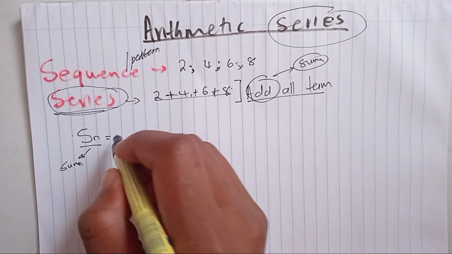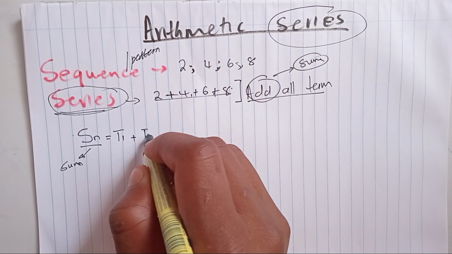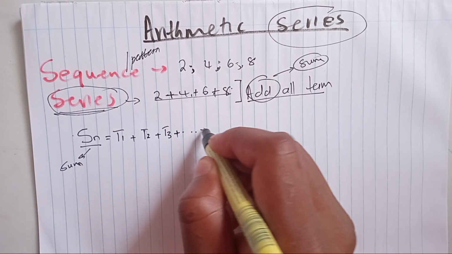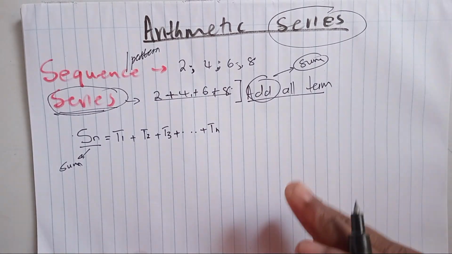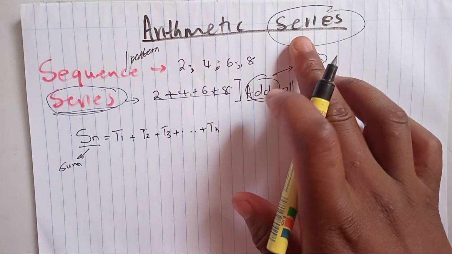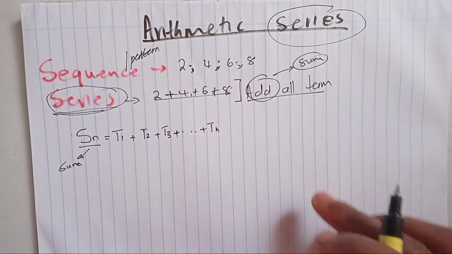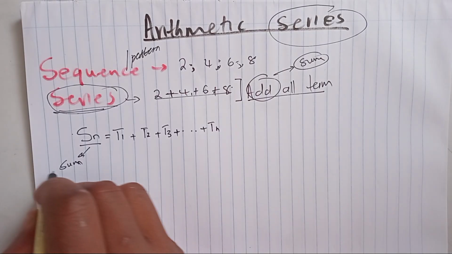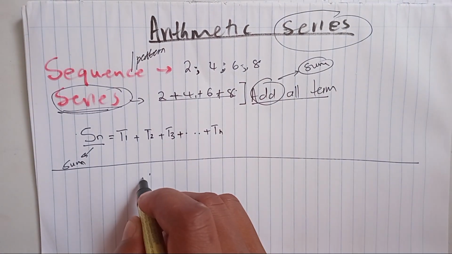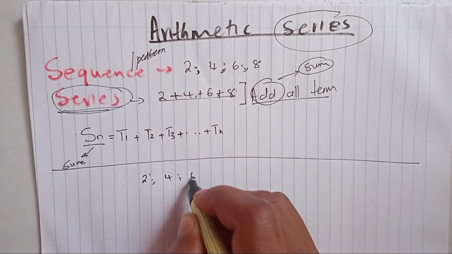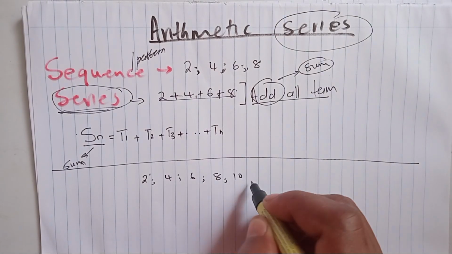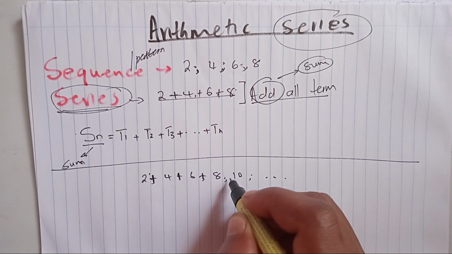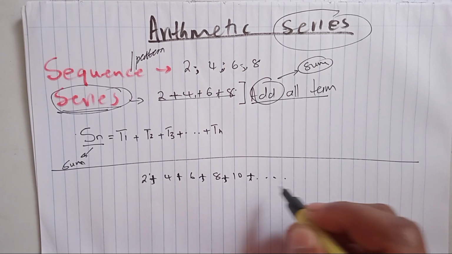So the sum is going to be T1 plus T2 plus T3 up until we say plus Tn. We are adding all the terms. Hence, I've said that a series involves the addition sign. So when I'm having a sequence like 2, 4, 6, 8, 10, as it continues, let me just use the addition because we are referring to the series.